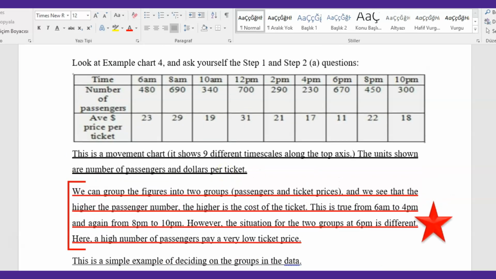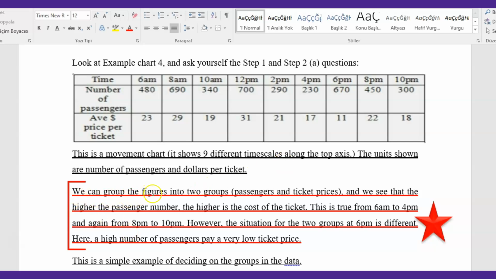Okay, let's analyze this chart 4. This is a movement chart. Why? We have different time scales on the top, and the units are shown here in dollars.